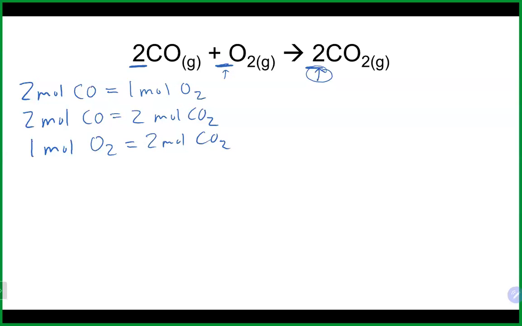Let's just make sure everybody understands they are clearly not equal to each other in terms of numbers. 2 and 1 does not equal each other, but they are equal to each other in terms of proportion. This is what you need to throw in there to produce a certain amount of product. It's kind of like when you make cookies. You need so much flour, so much chocolate chips, to get a dozen cookies to come out.